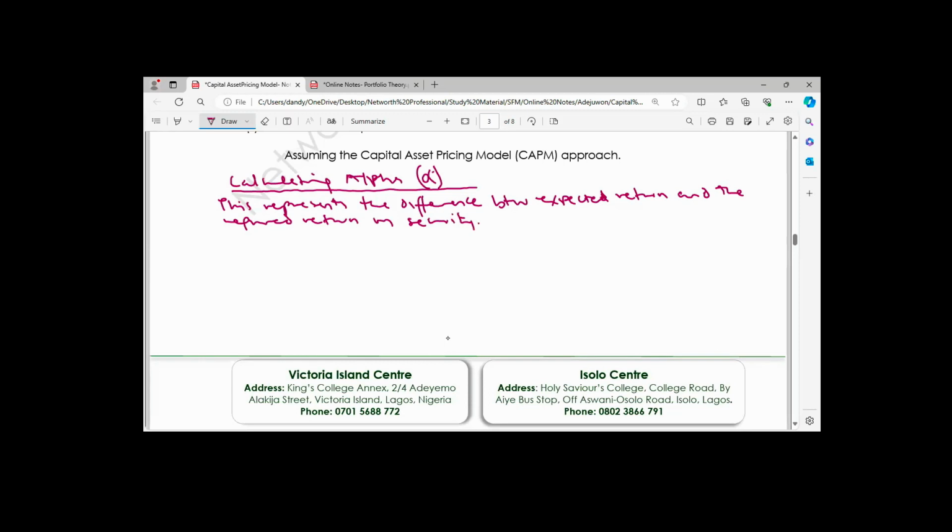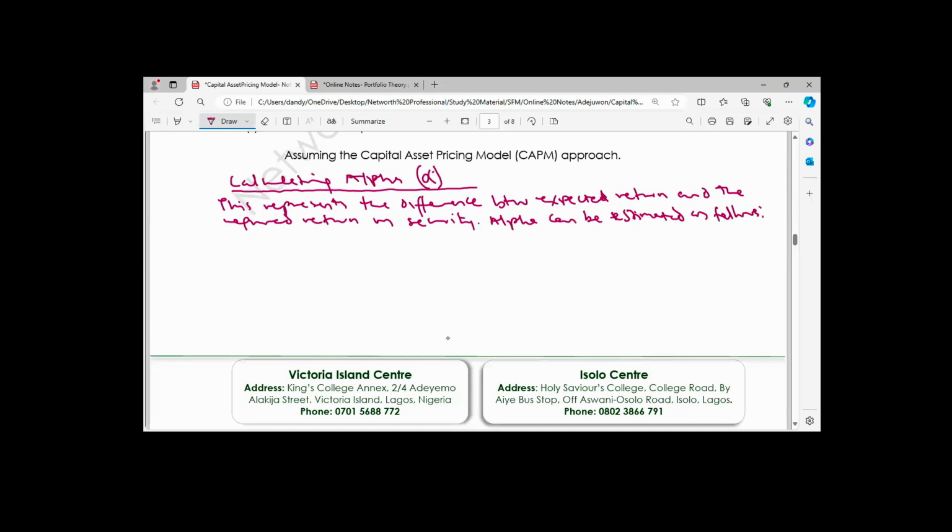In this case, the required return simply means the capital asset pricing model, your CAPM. Alpha can be estimated as follows.